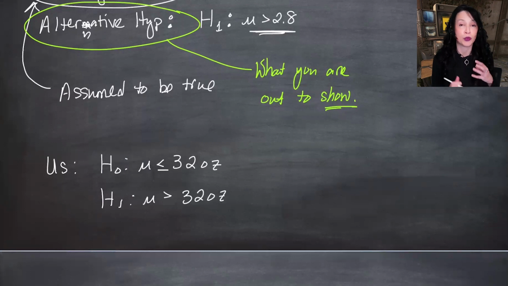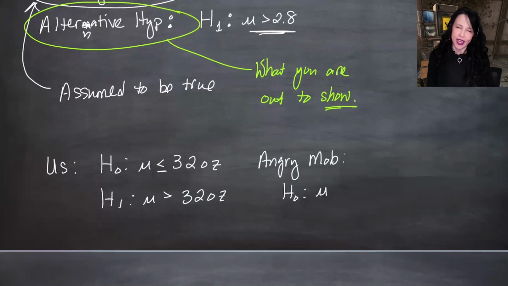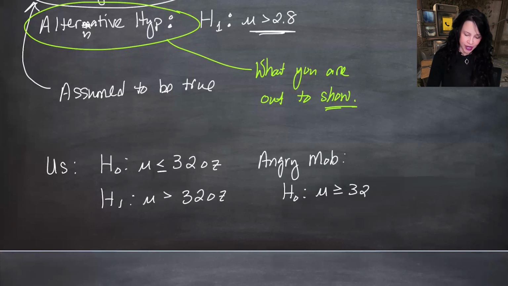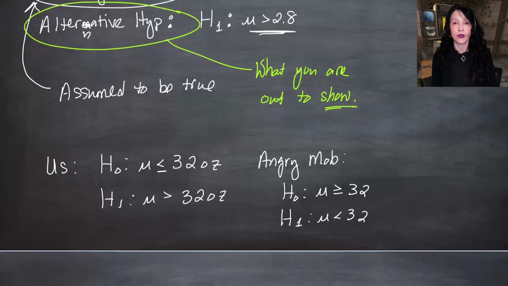That's what we're out to prove. But the angry mob is going to assume that we're doing okay with our cereal boxes, but they would like to prove, so they can come to us in court, that the true mean is actually less. So the null hypothesis is assumed to be true. The alternative is what you're out to show, and what you're out to show depends on your point of view in a particular problem.